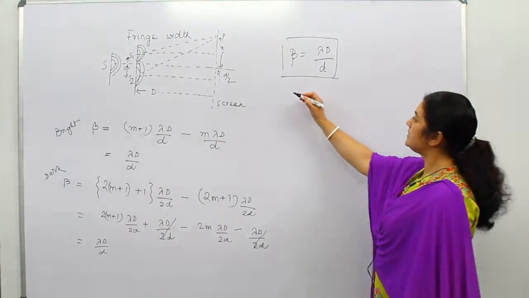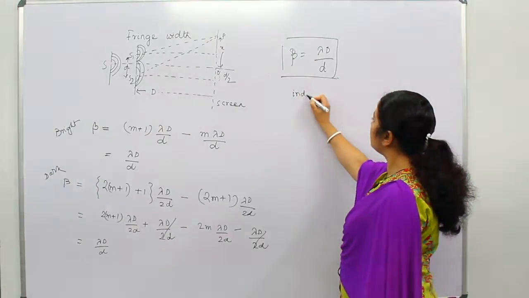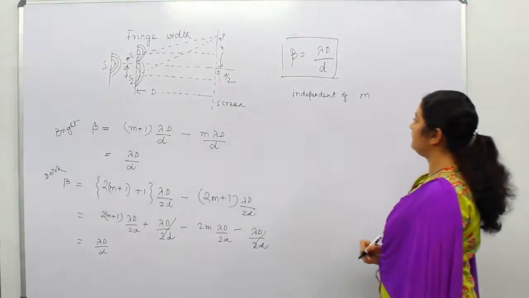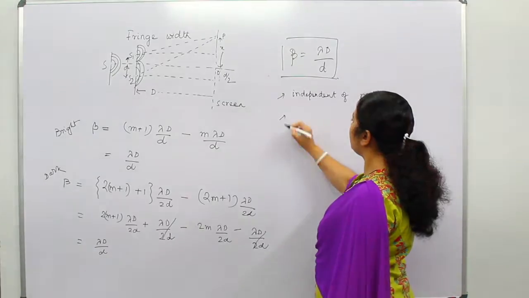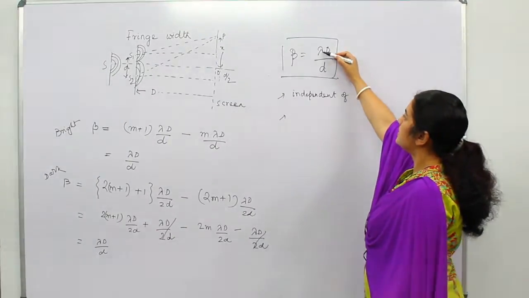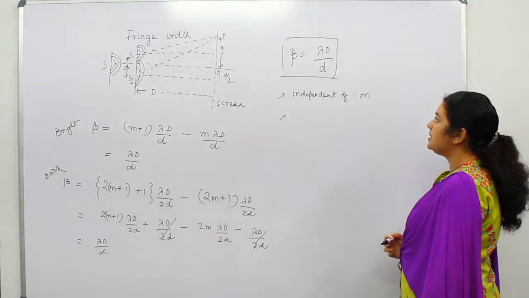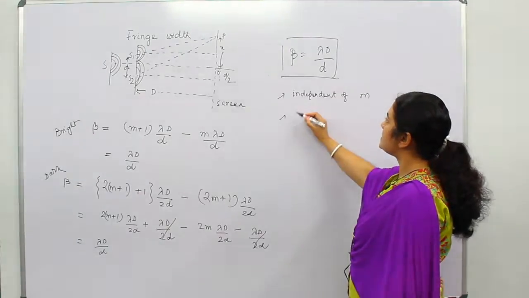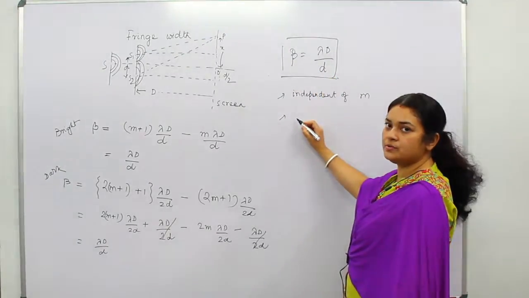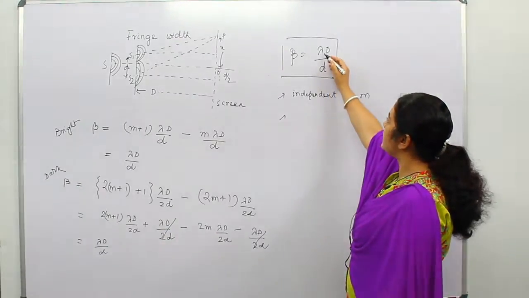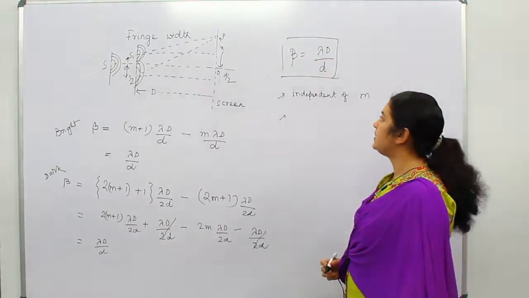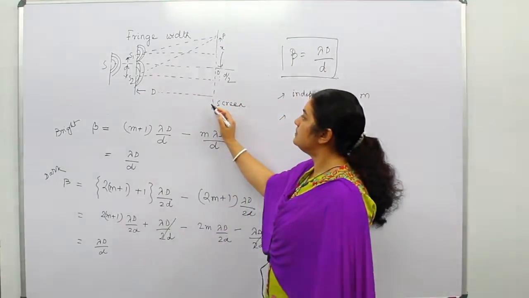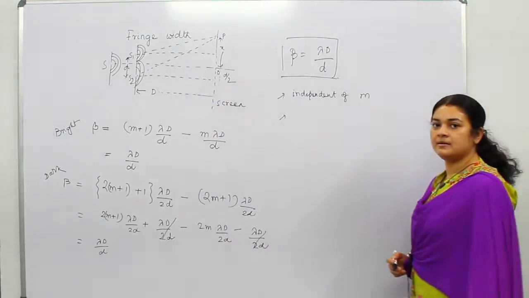From here we can tell the fringe width is independent of m. Then if we increase the wavelength, that is if we decrease the frequency, then what will we get? Fringe width will increase as beta is directly proportional to the wavelength. So if lambda is increased, then the fringe width will increase, provided capital D, the distance between these two, and small d remain constant.